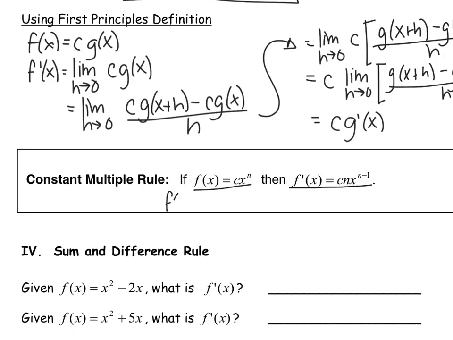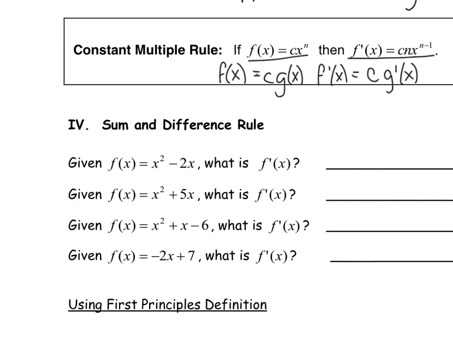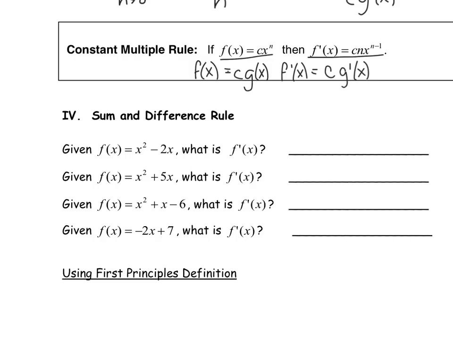Or if f of x is equal to a constant times whatever function g of x, I know the derivative is equal to the constant times the derivative of g of x. Next, and lastly, we're going to take a look at the sum and difference rule. This rule is pretty intuitive, so hopefully this isn't a big deal for anybody.